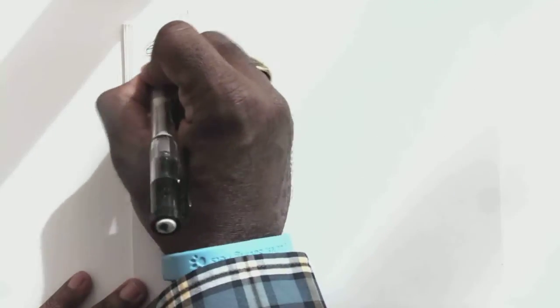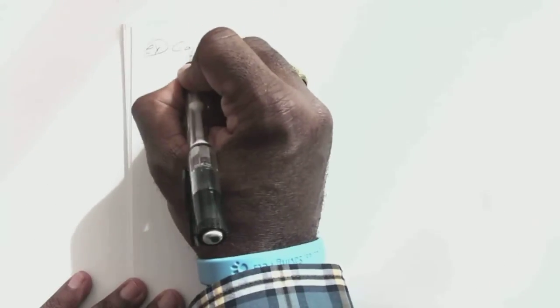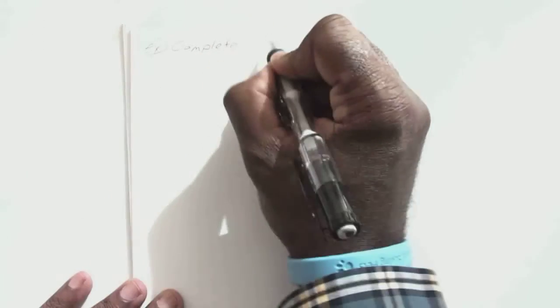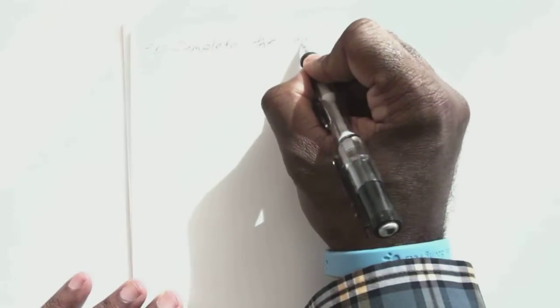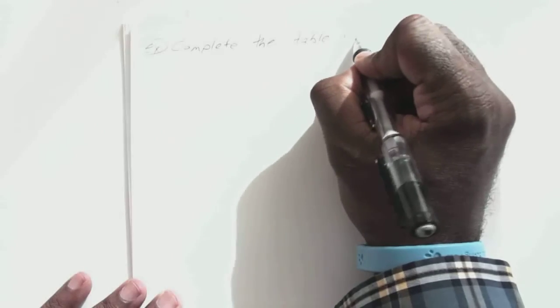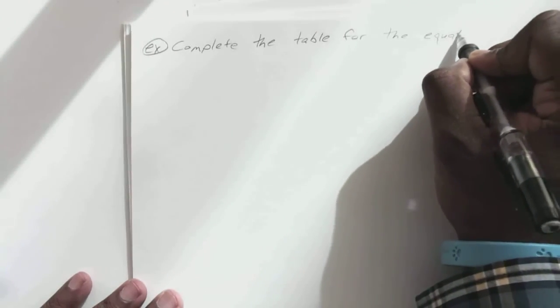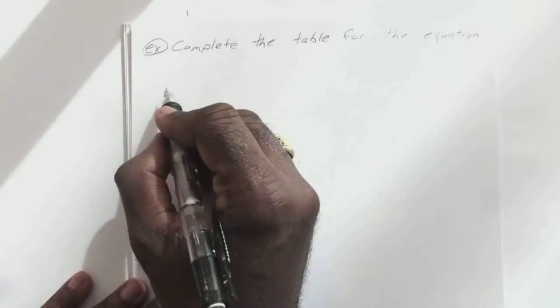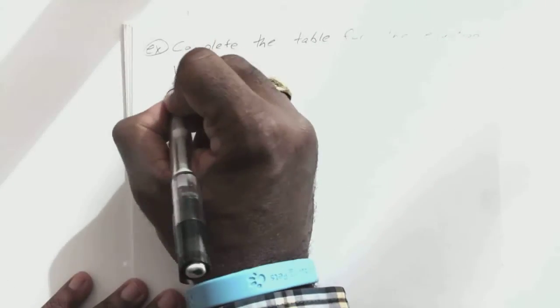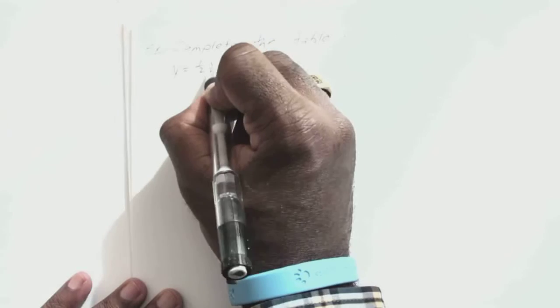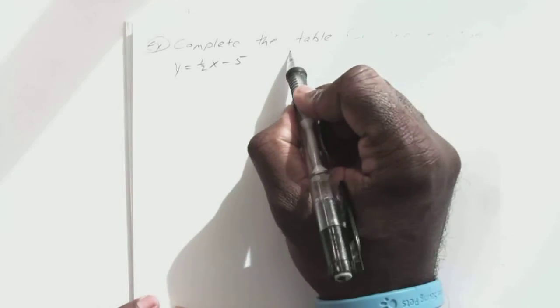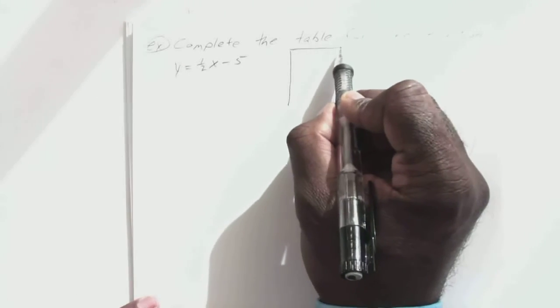Okay, so what if we wanted to complete the table for the equation, say y equals 1/2 x minus 5, and our table looked something like this.